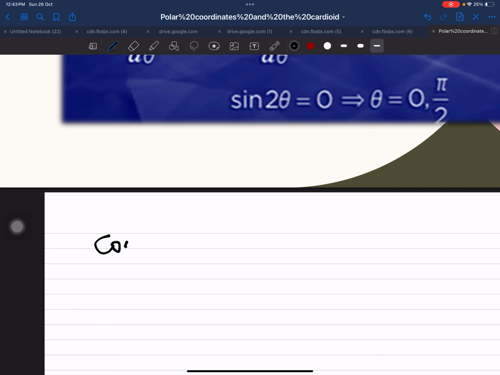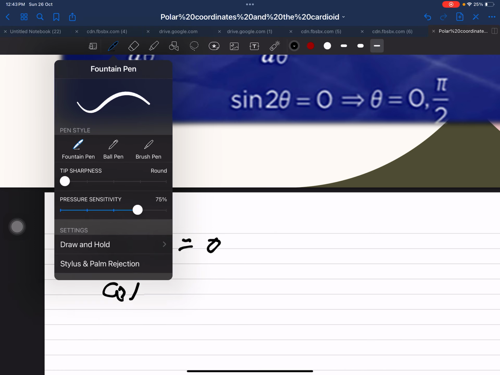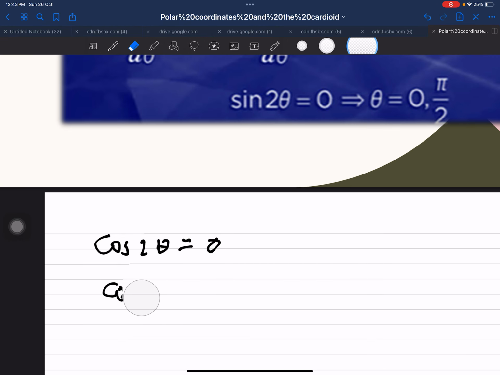Okay, so cosine 2 theta equals 0. What angle makes cosine 2 theta equal to 0?